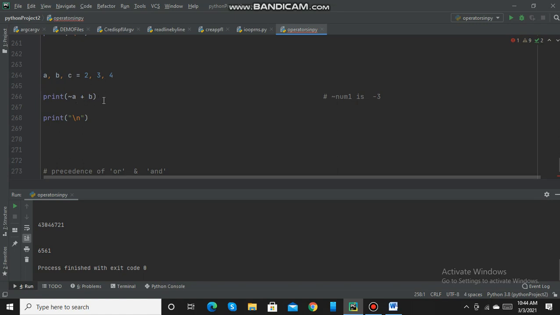So minus 3 plus 3, the result should be 0. So it is 0, because the value of A is 2, tilde A means A becomes 3, it will add 1 to A and negate it. So minus 3 plus the value of B, which is 3. So minus 3 plus 3 is 0.